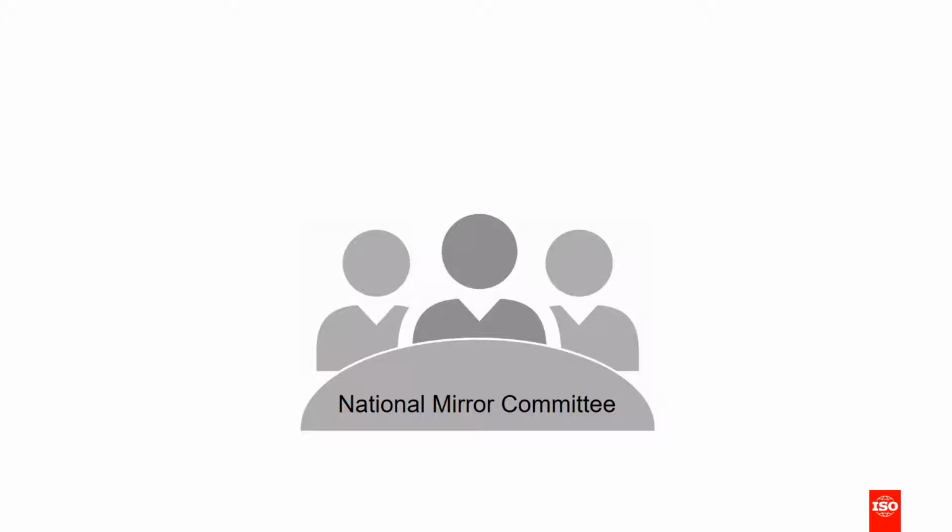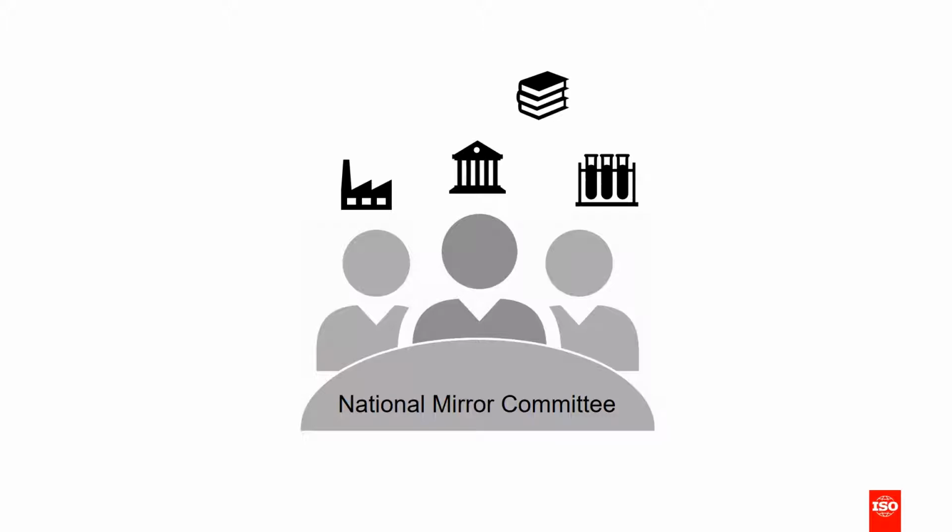So they'll have a chair and a secretary, and then more importantly, the people that sit around a table represent industry, government, academia, testing labs, all the different kinds of relevant stakeholders that are required in order to ensure that our standards remain globally relevant. And all of this stakeholder engagement exercise is managed by our national standard bodies or ISO members within each country.